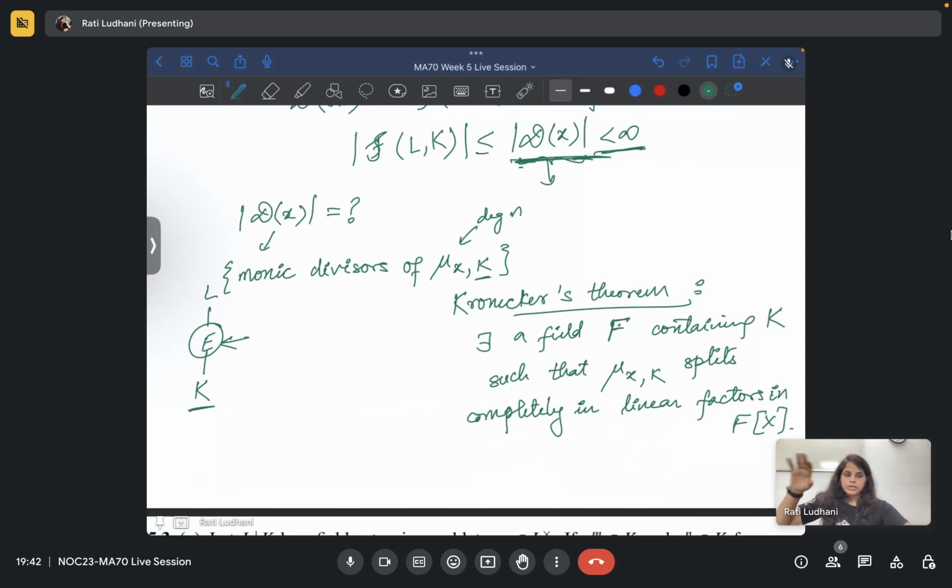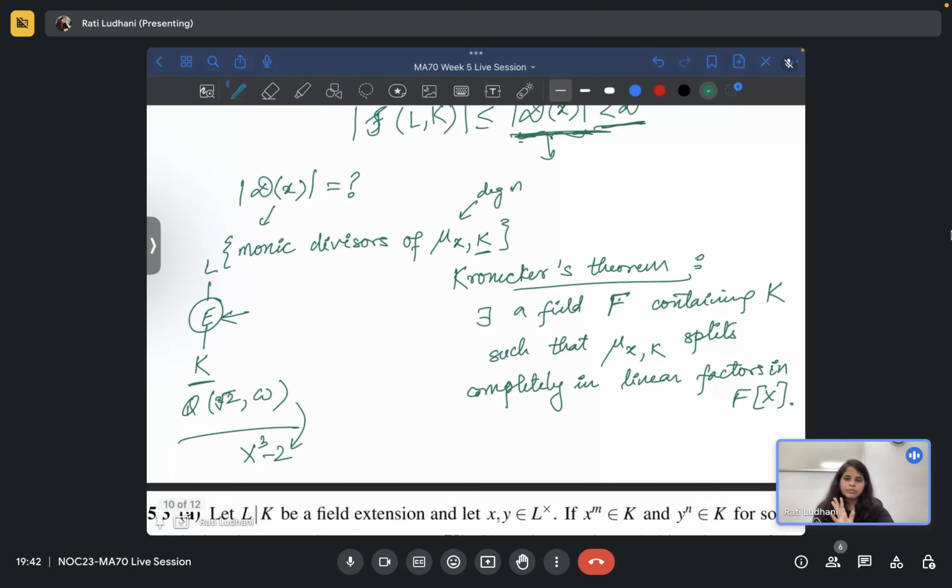So there is this field where you can get it, as we did in Q. When you attach all the roots, like omega and cube root of 3, then in this field it will split completely. That is, x cube minus 2 will split completely in this field.